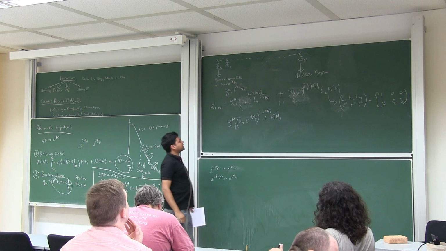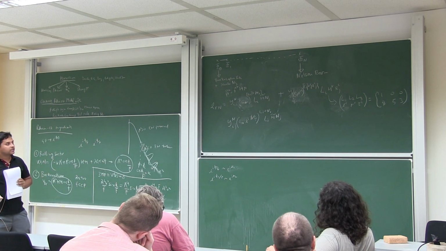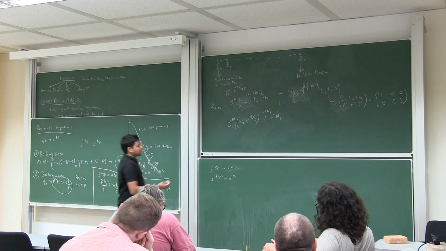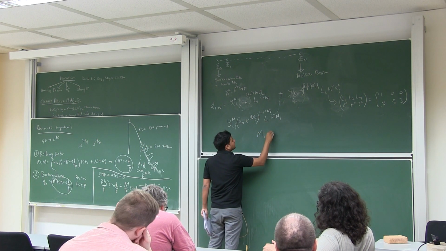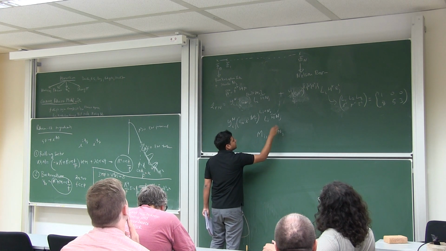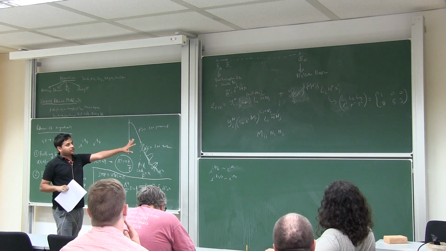So this is the first term, and so far I have not broken my U1 symmetry. Everything preserves the U1 symmetry. So now what I'll do is I'll just add Majorana terms for these sterile neutrinos, and this will break the symmetry.